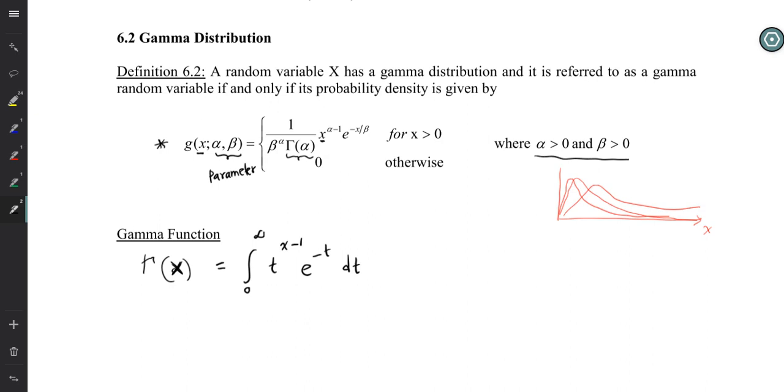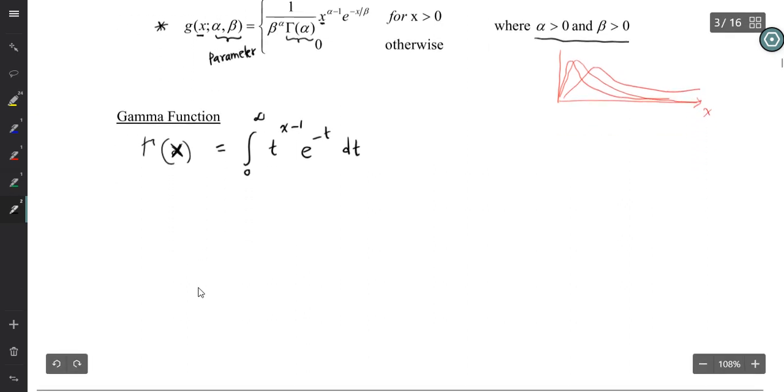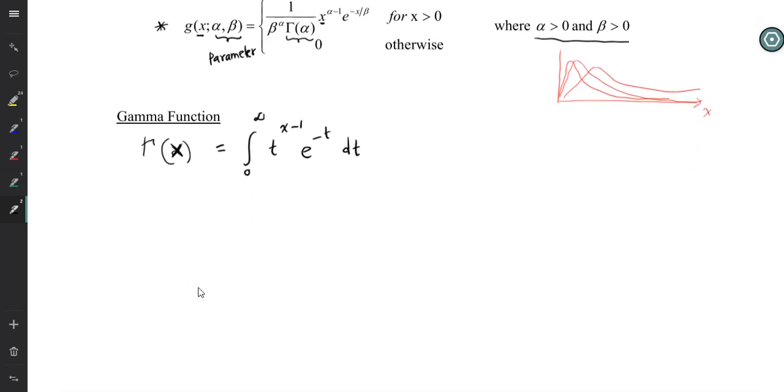There are very nice properties that we can look at in a gamma function. The gamma function at 1 is exactly 1. You can easily prove this.